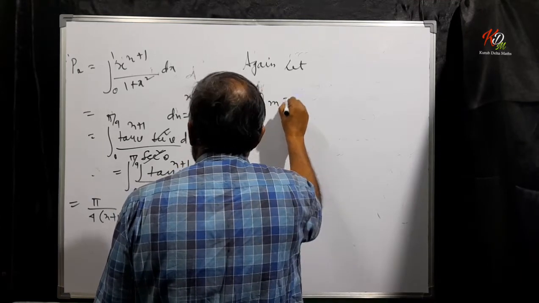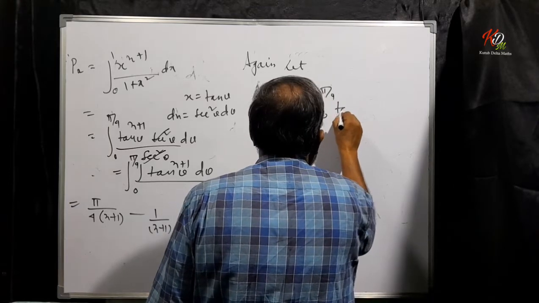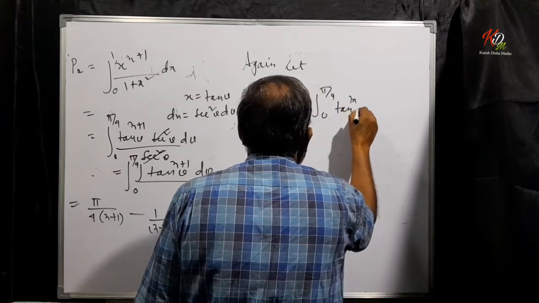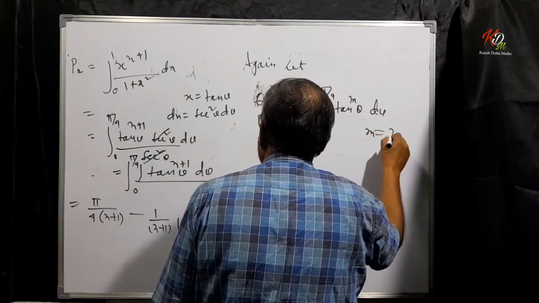Let Pn equal to Qm, the integral from 0 to pi by 4 of tan to the power m theta d theta, where m equals n plus 1.